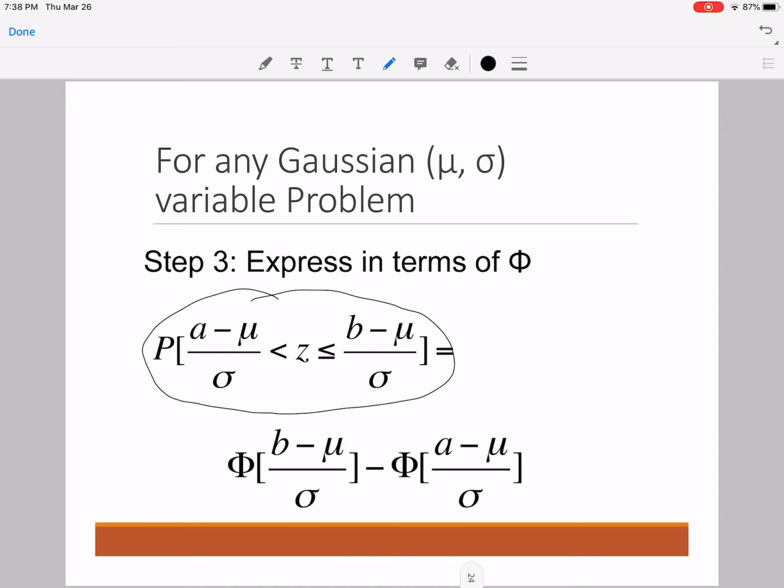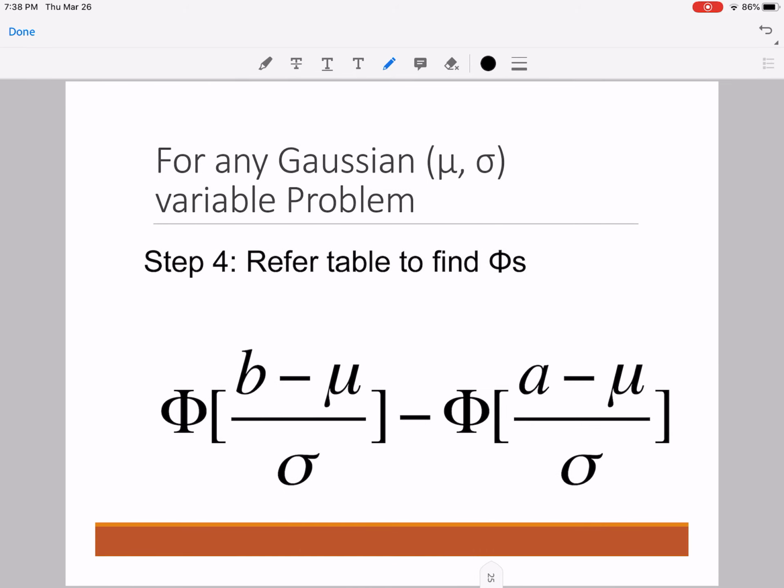So phi of (b minus mu) over sigma is the value of the standard normal random variable's CDF at the upper interval, and this one is the CDF value at the lower interval. I have just applied the simple principle that the probability that X belongs to an interval is equal to F of X at b minus F of X at a. In this case, phi is the capital F for my standard normal random variable Z.